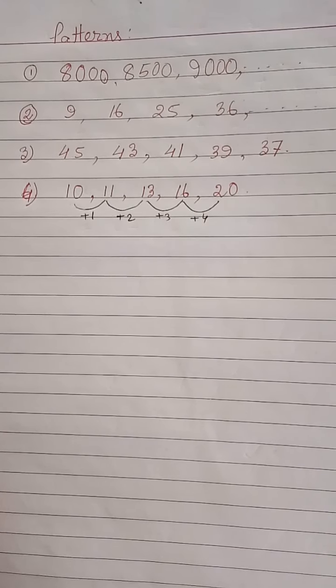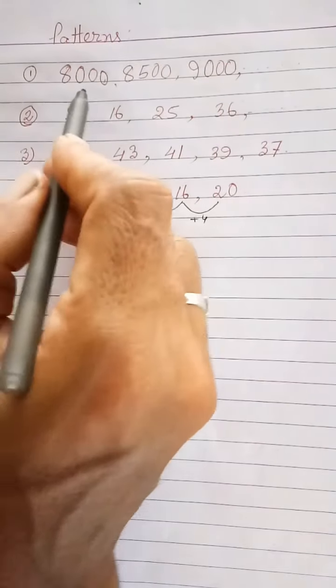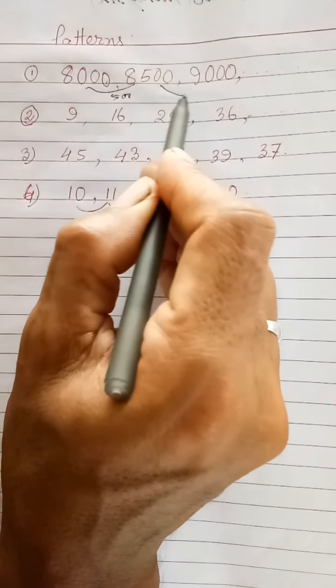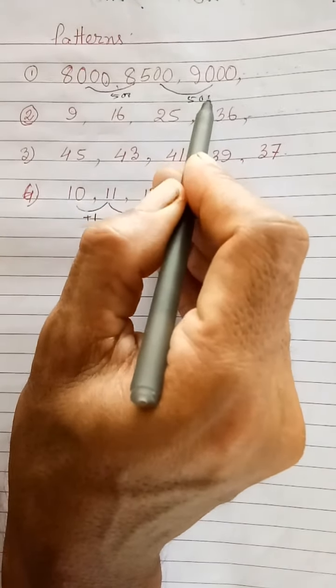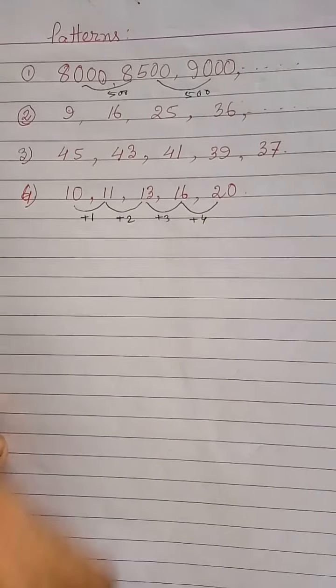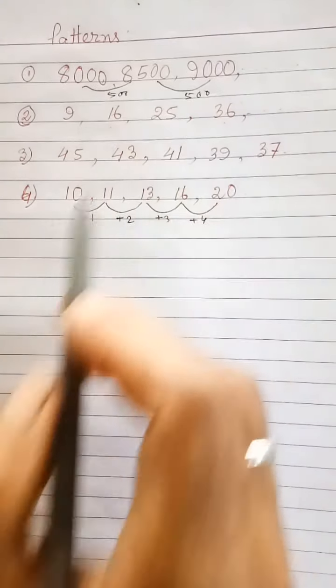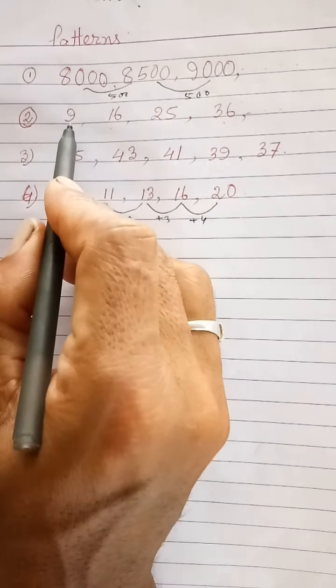But all these patterns are not arithmetic progressions. Among them you observe, here it is increased by a fixed number, that is, it is increased by 500. From here to here it is increased by 500. But here it is also increased with a certain rule, but a fixed number is not added.